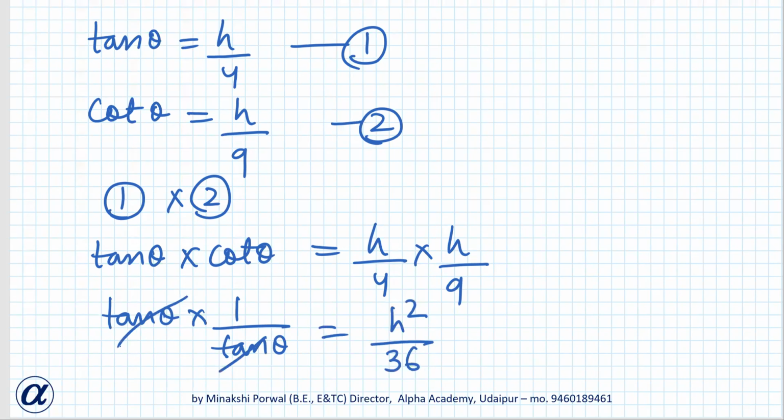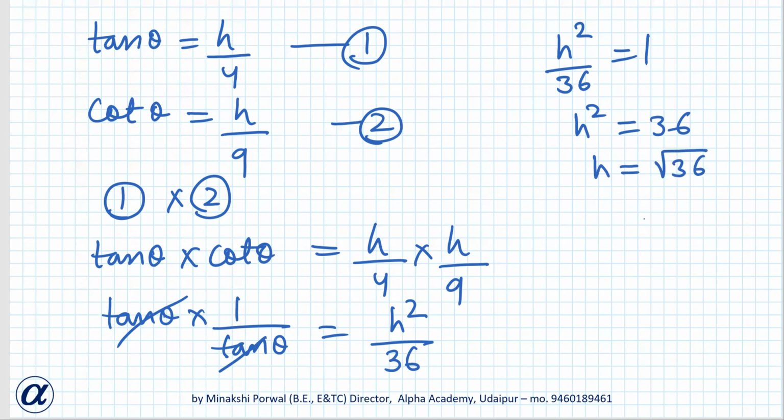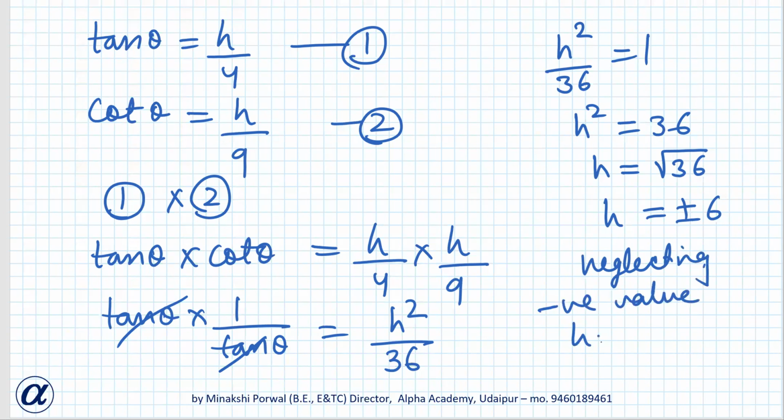So H square by 36 is equal to 1. H square equals 36. H equals root 36, that is equal to plus or minus 6. But H is height, so height cannot be negative. So neglecting the negative value, H equals 6 meters. Hence proved.